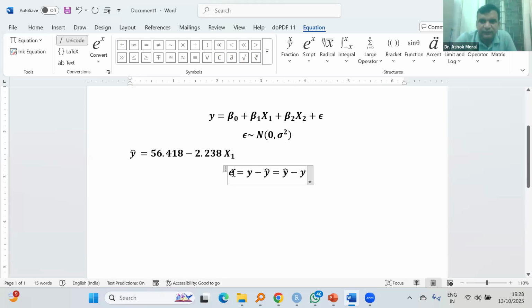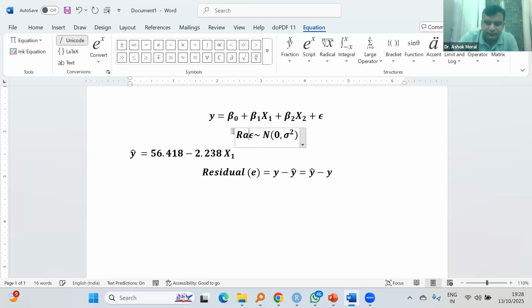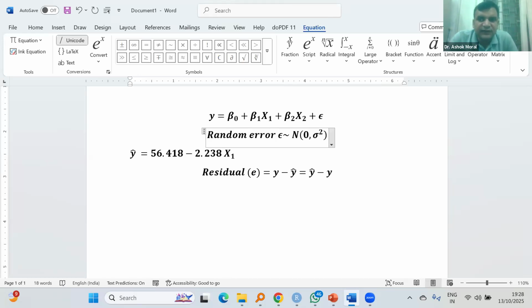That's why the sum of this will be 0. This is the residual. This is the random error. So this is the difference between random error and residual. Residual is the estimate of the random error. One way you can say that. Estimate of the random error.